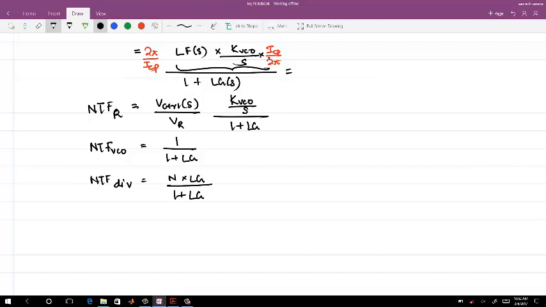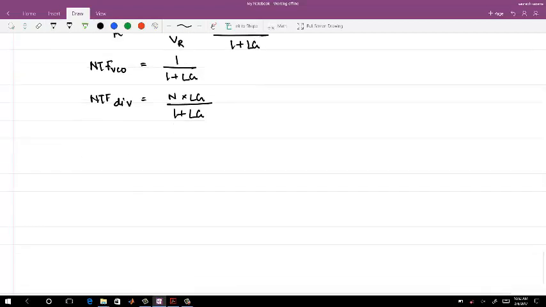Now we have found all the noise transfer functions. What will be the total noise, phi n of out? So the thing is, first we find the total noise spectral density. Okay, which will be S total output, equal to S of phi input multiplied by NTF of input squared, right?